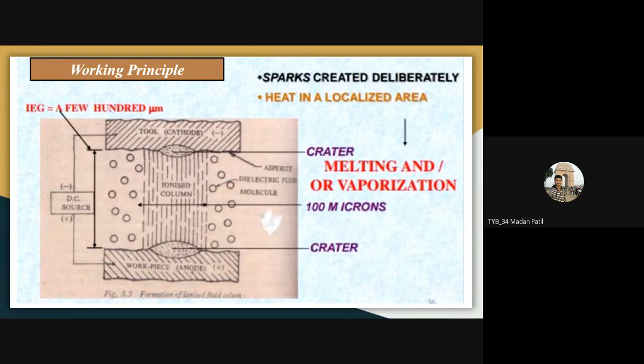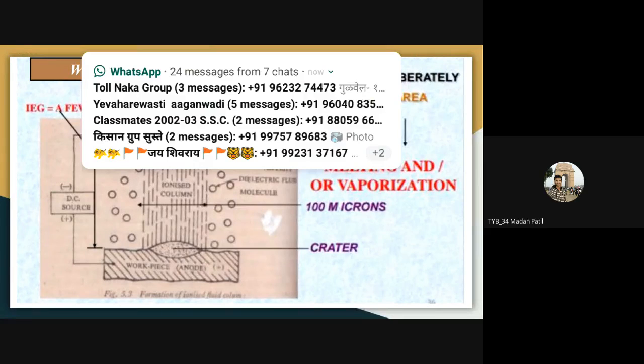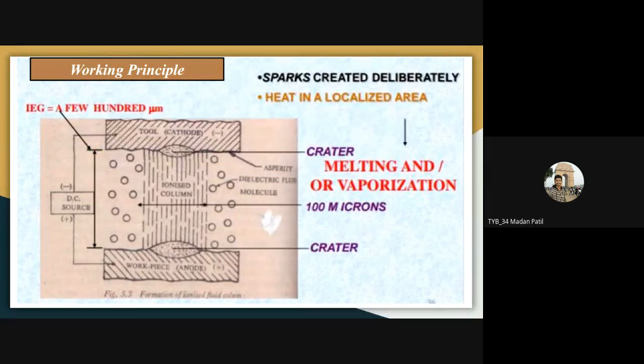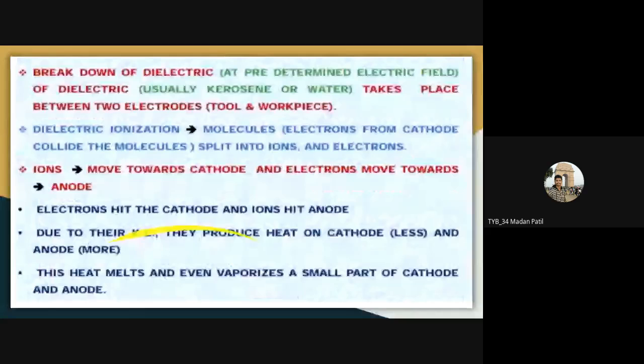Okay, now we have seen how a spark is generated and how material is removed. Now, practically, what happens during this process and how much power is required, we should know. Normally, during the EDM process, a pulsed DC power supply is used, and pulsed DC of 80 to 100 volts at approximately a 5 kilohertz frequency is passed through the electrodes.